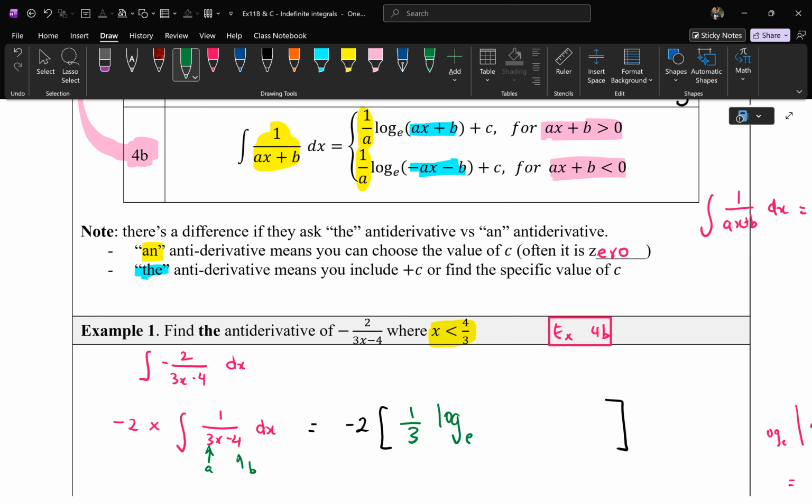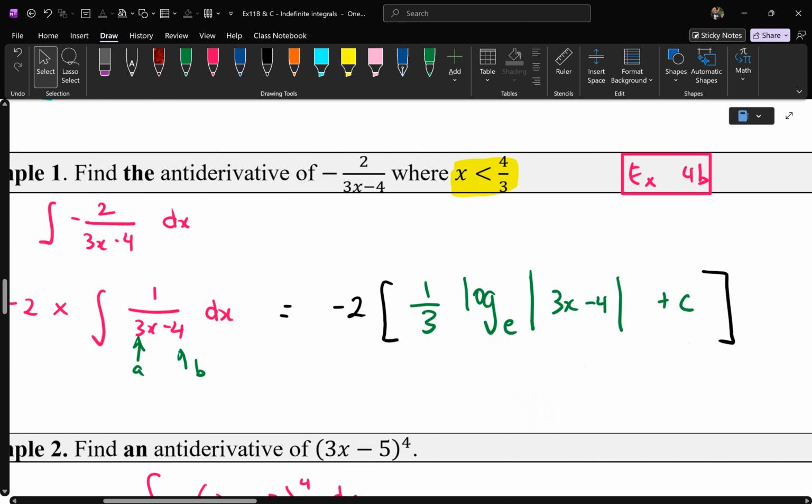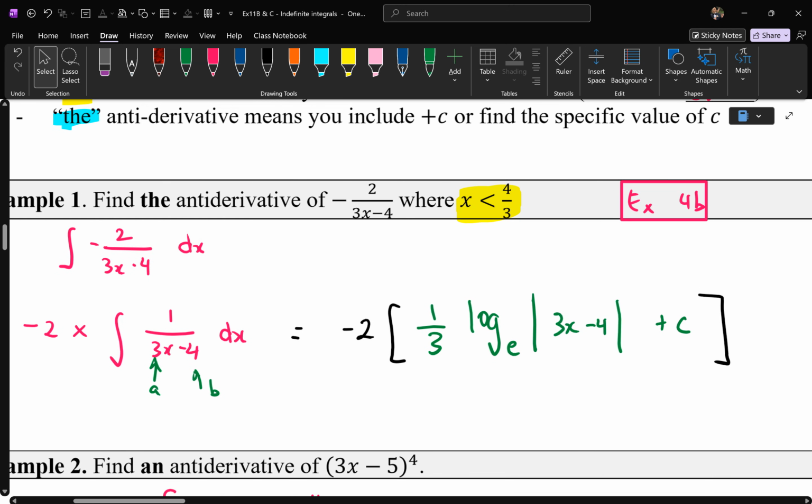Log, or ln, because it's log base natural. Now, instead of writing two versions, you can write it with a vertical line and say, I've got a positive and negative version of it. And it is 3x minus 4 mod plus c. Okay? You see that? So instead of writing these two, I've just combined it in one shot. All right, so copy that down. Technically, this would be my answer.